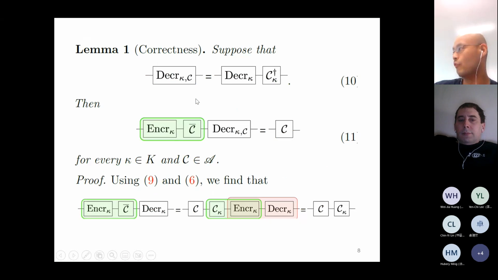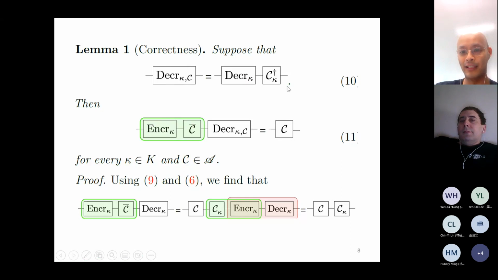For a cryptographic scheme to be meaningful, it has to be correct. That means that it needs to give the right output. So for example, what you want is that after you encrypt, do a computation, and decrypt, you should get the correct computation.